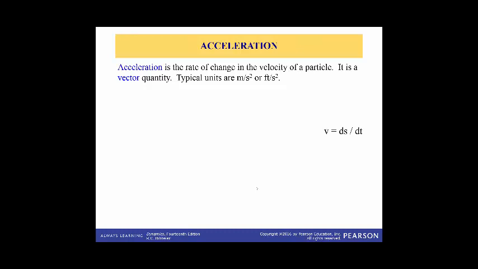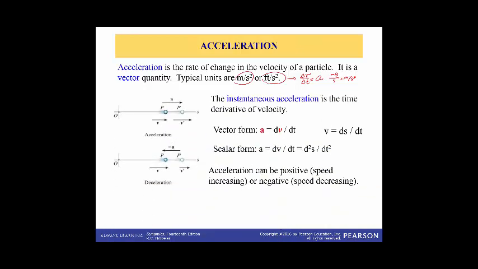Whenever we talk about acceleration, now it's the rate of change in velocity of a particle. So it's also a vector quantity, and let me just write it here. So the change in velocity over a change in time, then it's the acceleration. Now, looking at the dimensional analysis, if we have meters per second and then divided by second, so this is meters per second square, or feet per second square. So same concept where we have this is the average acceleration, but if we looked at a delta that approaches 0, then instead of delta v, it would be dv.